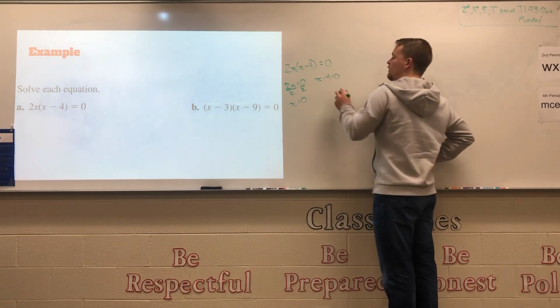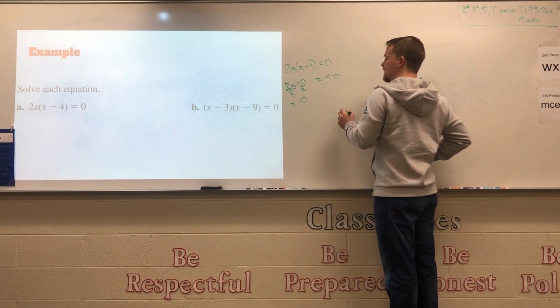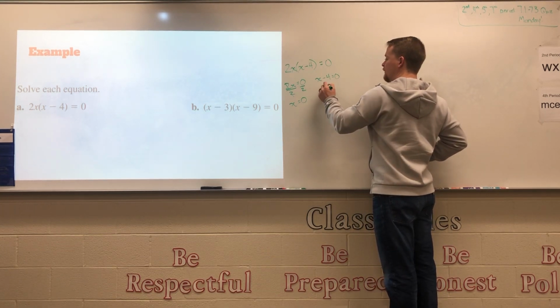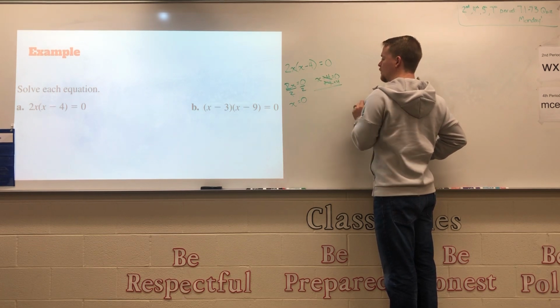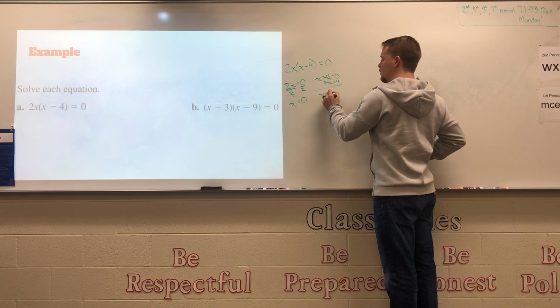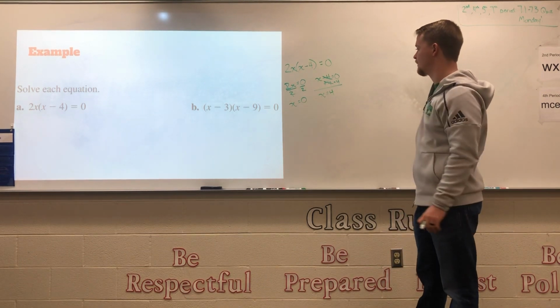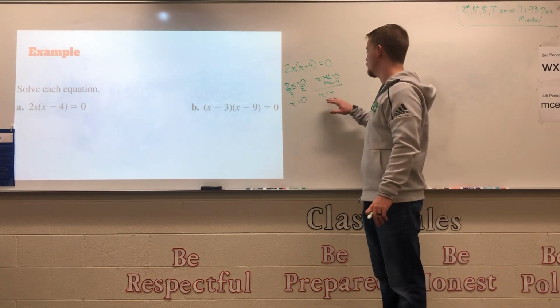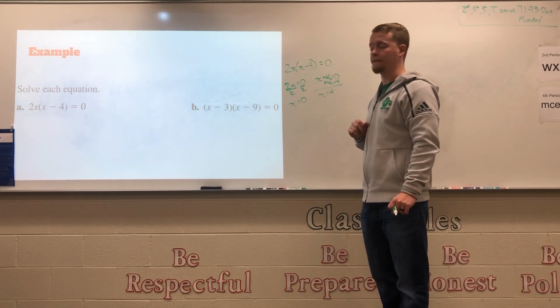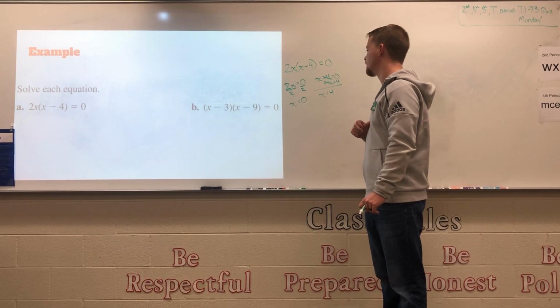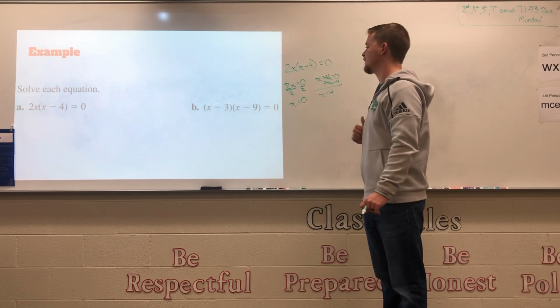And then we take this and solve for x. So to solve for x here, we add 4, cancel, cancel. x will equal 4. So our two answers on this, x equals 0 and x equals 4. Okay, very simple, pretty straightforward. That's what we're looking for in this section.